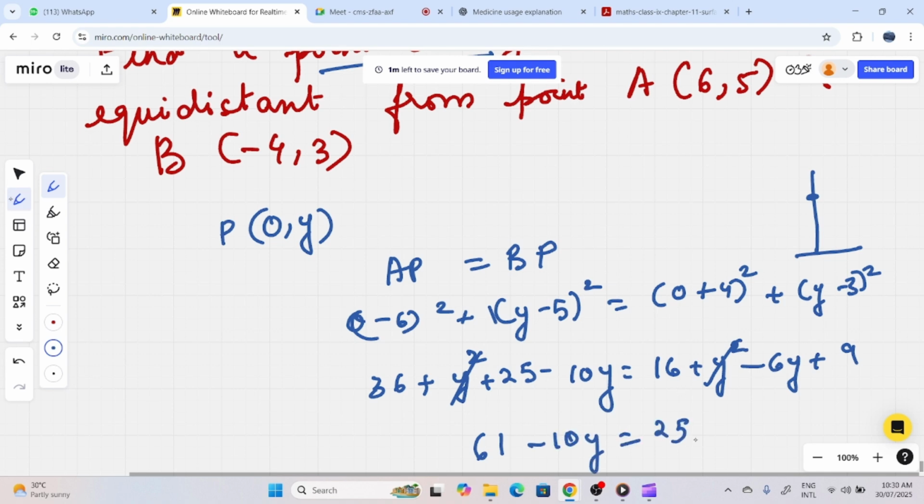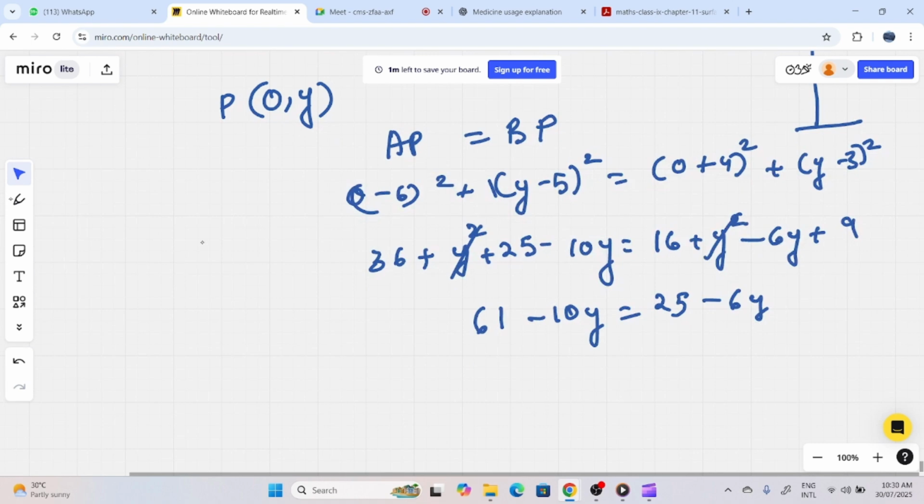Nobody will say anything. 25 minus 6y. So it is coming 4y equal to 30. Mom, is it 9? 9, yeah.